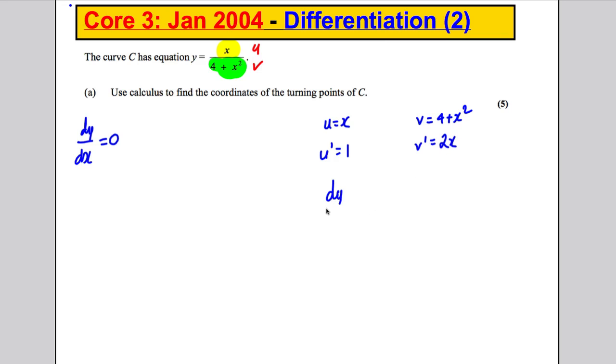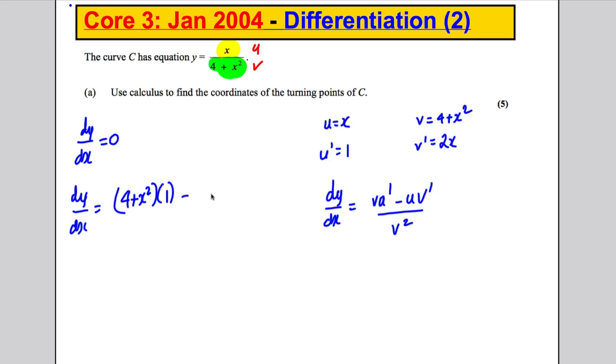We know by the quotient rule that dy by dx is equal to vu dash, subtract uv dash, all over v squared. So subbing that in, dy by dx must be equal to v times u dash, which would be 4 plus x squared times 1, subtract u times v dash, which would be x multiplied by 2x, all divided by 4 plus x squared, all squared.